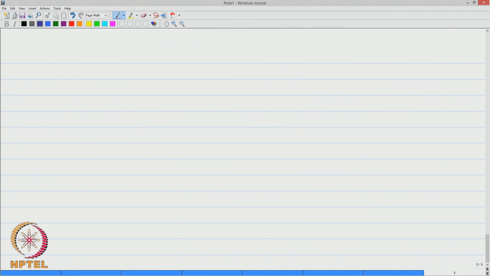So, graphically, if you try to plot in the pressure time plot of this variation, let us say load on the front wall is plotted like this in red color.